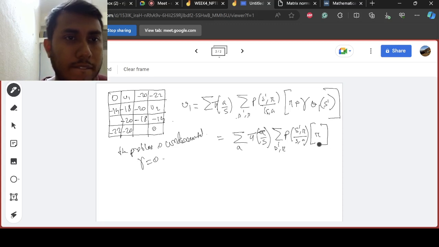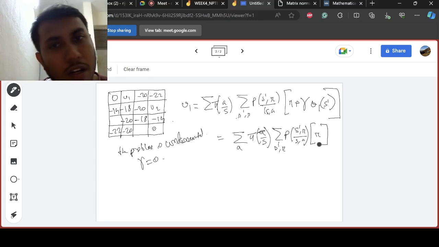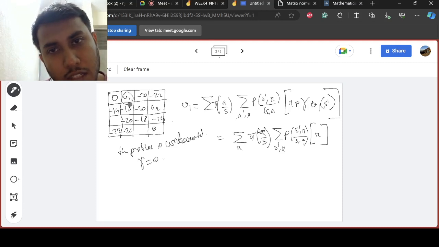Now check one thing. For each of these states and each of these actions, for this state there are 4 actions: up, left, right, down, right?